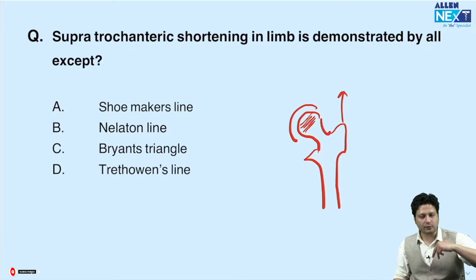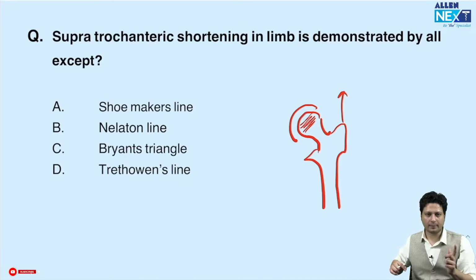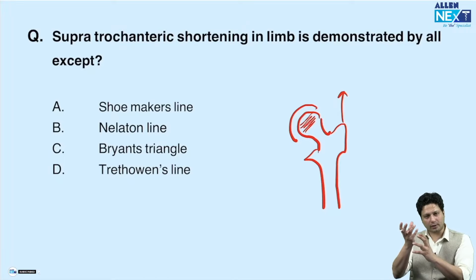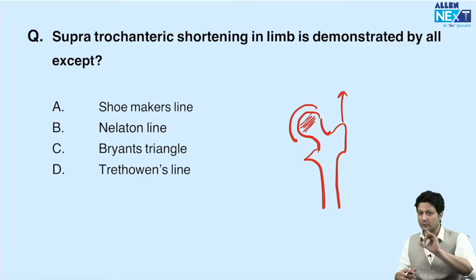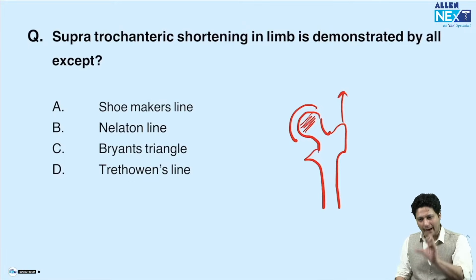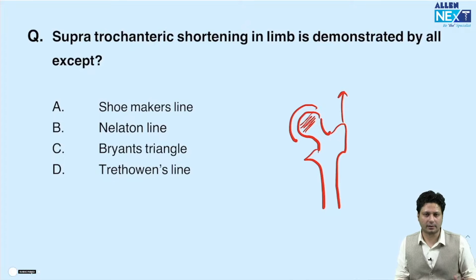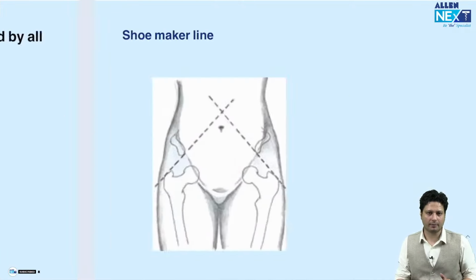The length of the lower limb is measured from the ASIS up to the medial malleolus, and when there is supratrochanteric shortening, the length of the lower limb is affected. Now you have to specify whether this shortening is happening at the level of the trochanter, above it, below it, at the level of the knee, likewise. For supratrochanteric shortening, these are the tests, but there is one exception, and this is what the examiner is asking for.